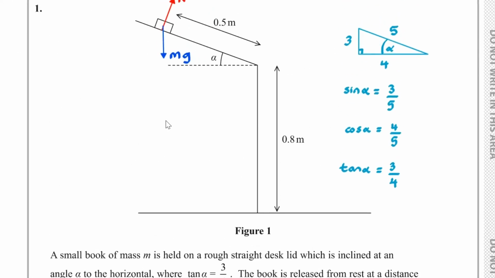Now we also have GPE as well. What is the total elevation? Well, we've got 0.8 meters, and then we've also got the vertical component here, which is 0.5 sine alpha.